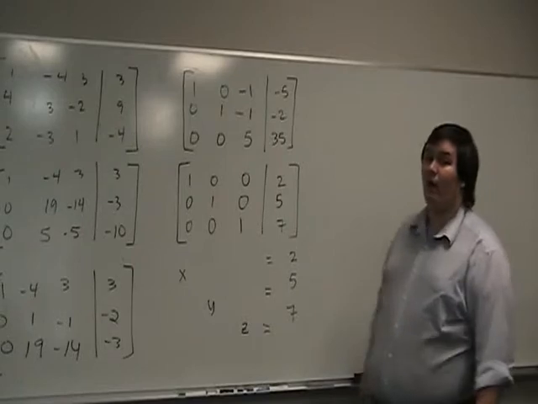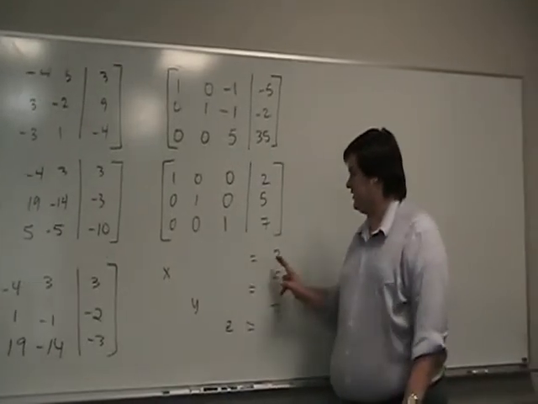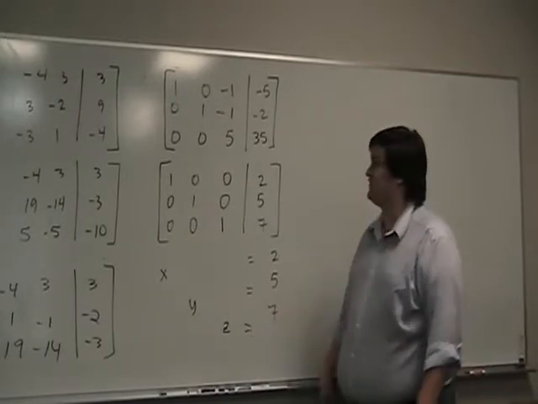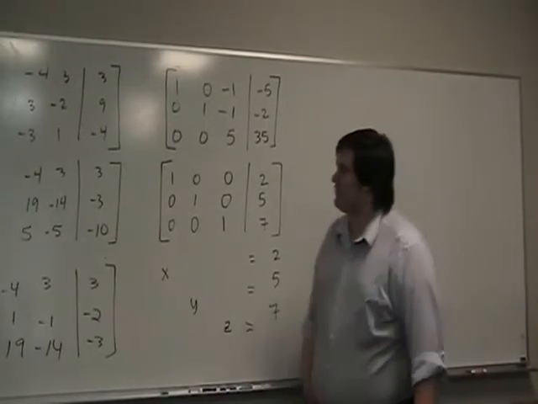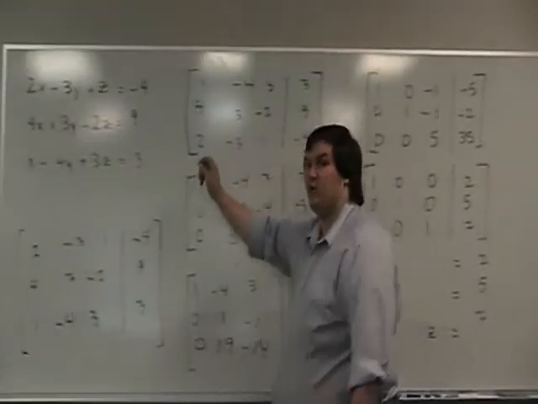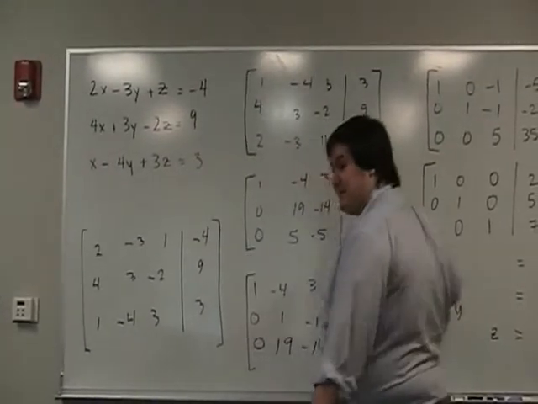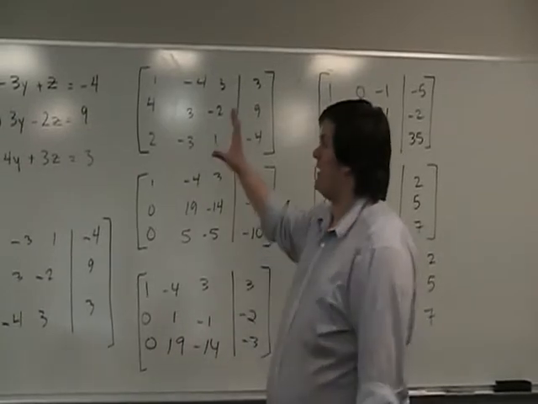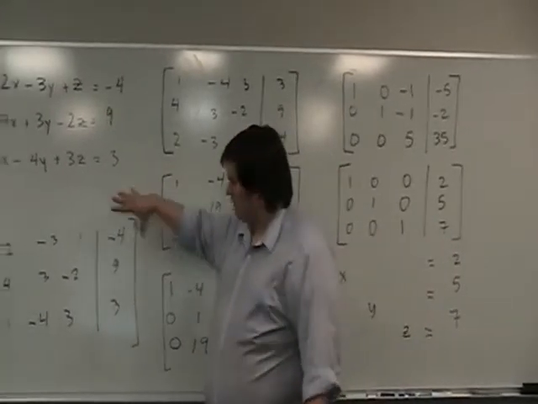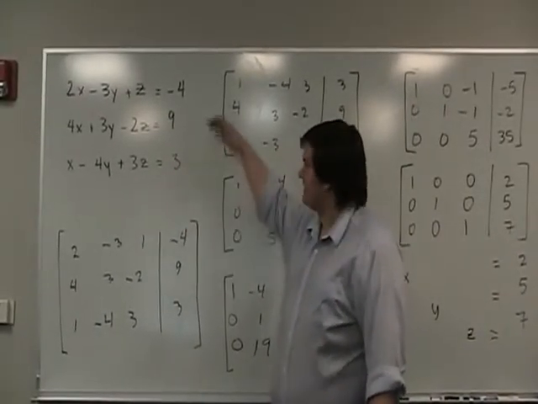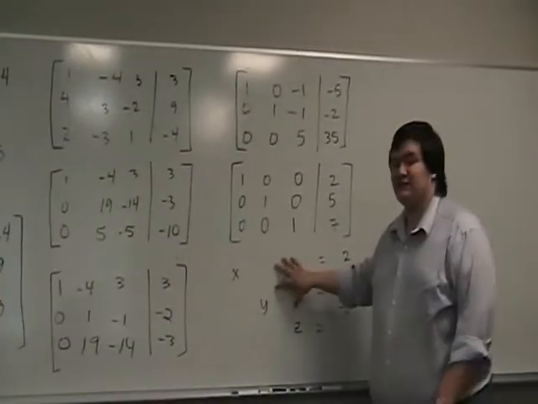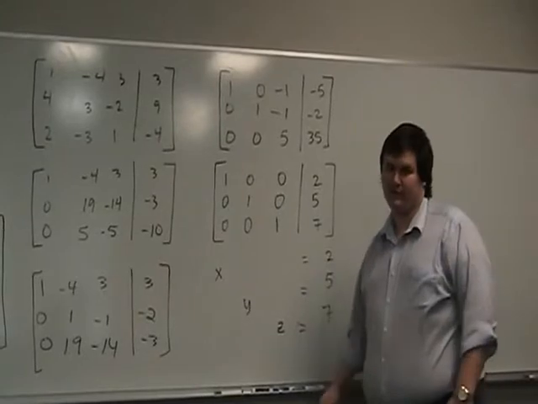And you'll notice now we have x equals 2, y equals 5, and z equals 7. If you take these numbers and plug them into each one of these equations, you'll discover that this is the solution to all three of those equations. By treating our system of equations as one unit, as a matrix, instead of three different equations, we were able to find all three answers much more quickly.